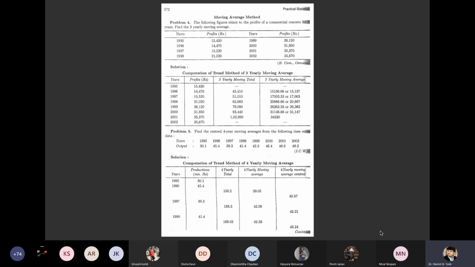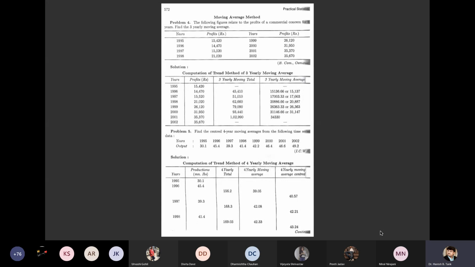The respective profits are 14,470, 15,520 and 21,020. While making the sum of these three, what is the number? 51,010. That should be written in between 96, 97 and 98, so in between comes to 1997. So you have to write 51,010 against 1997.